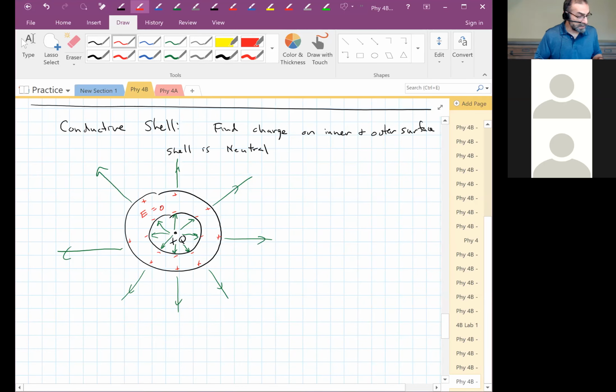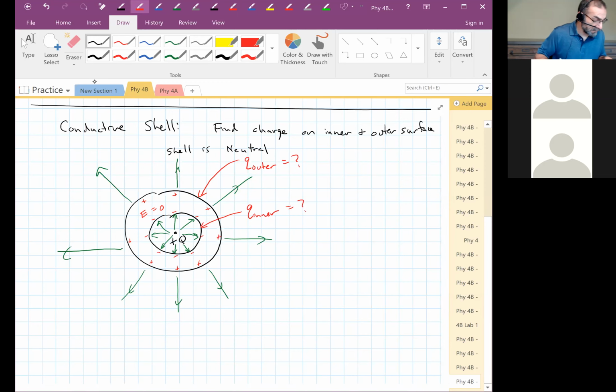So the question is, what are Q inner and Q outer? So there's going to be some charge here and some charge here. What are those?